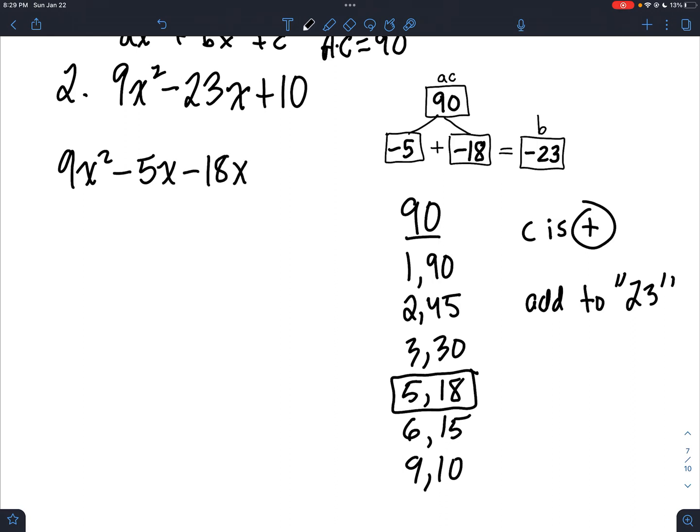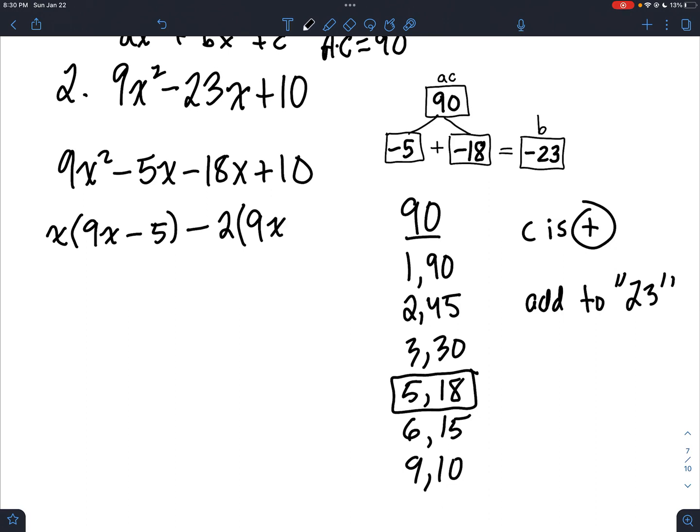Okay. So if I do a little rewrite of the middle term, and then I do a little bit of grouping, these have an x in common, and then these have a 2 in common.